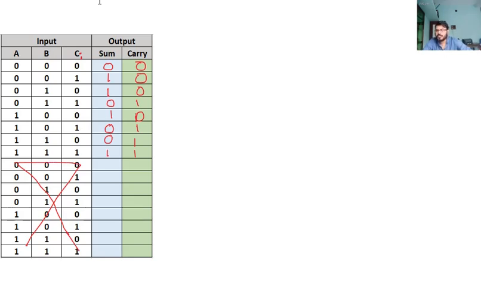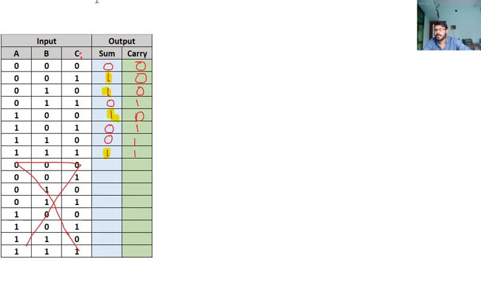Now if you consider the expression for sum, it is high in 4 cases. This is the first case, second case, third case, and fourth case. So let us take the corresponding fundamental product.